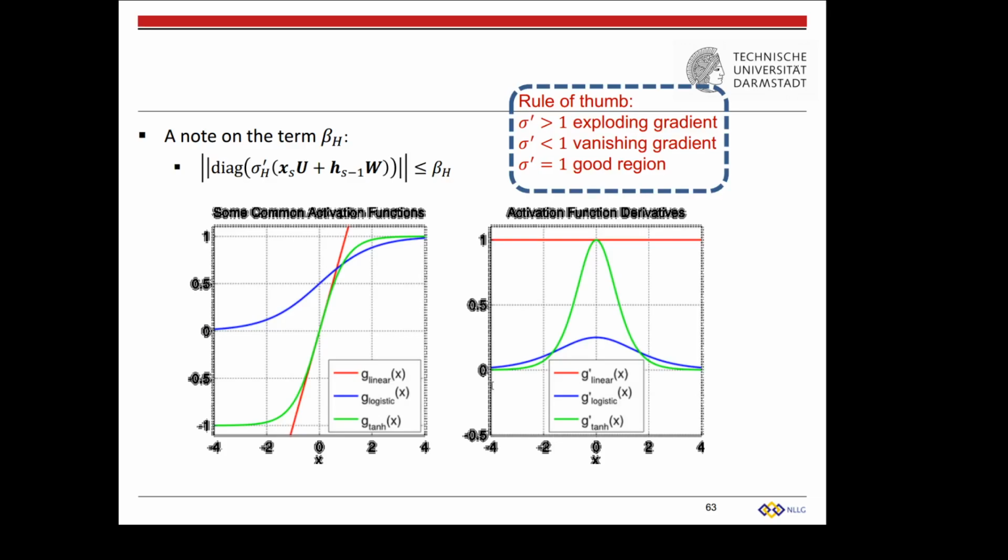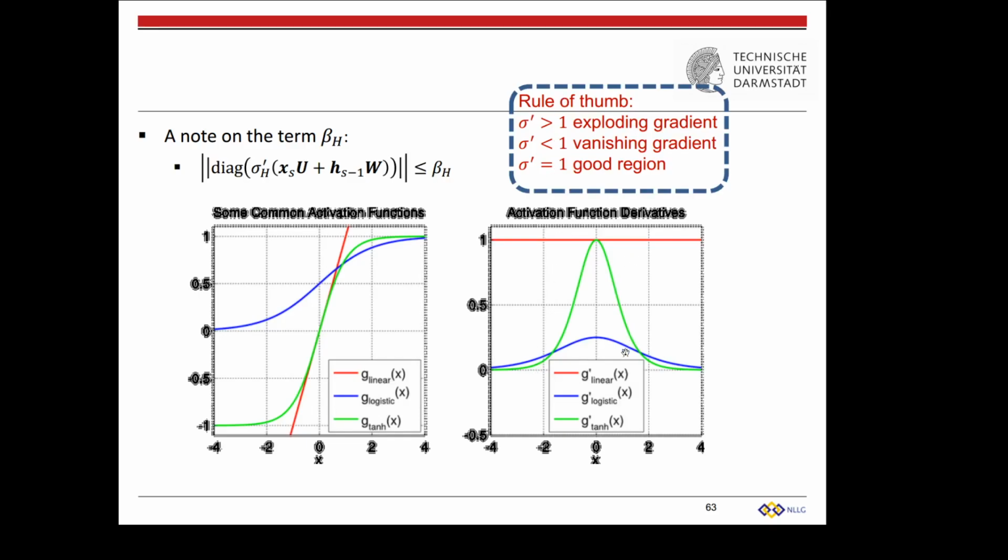Good. So we already said that the derivative of this activation function is important, and this derivative gives our upper bound beta h. And here again we have 3 activation functions: linear, also called identity, then the sigmoid, which is also called logistic, and the tanh.